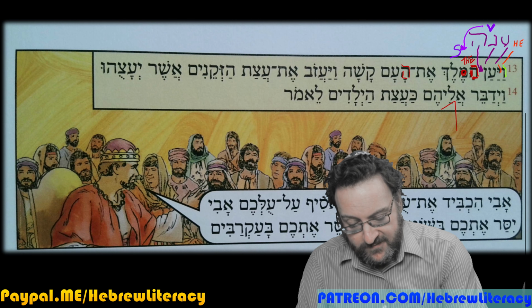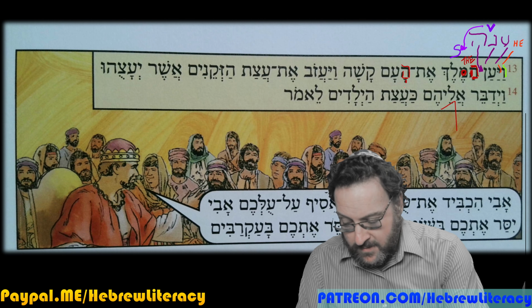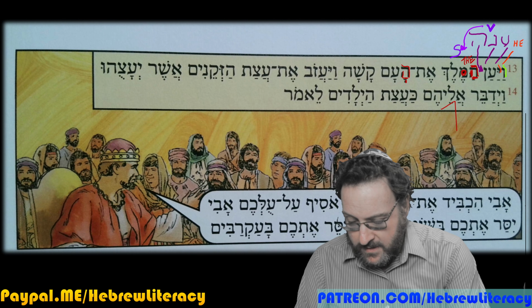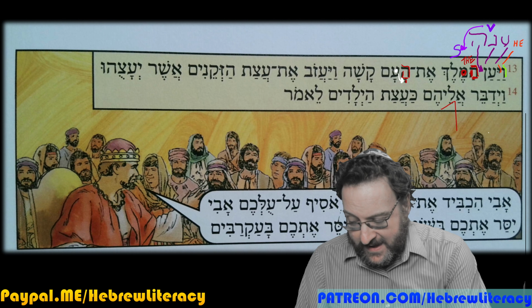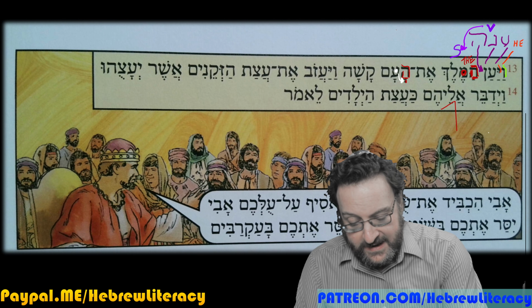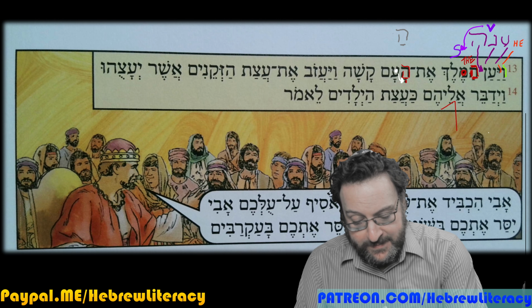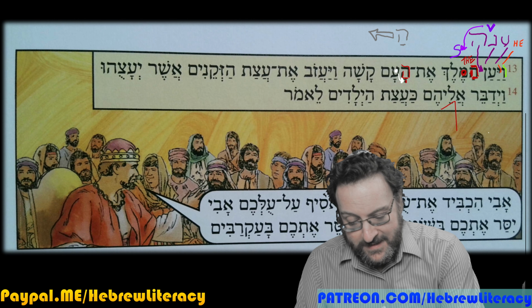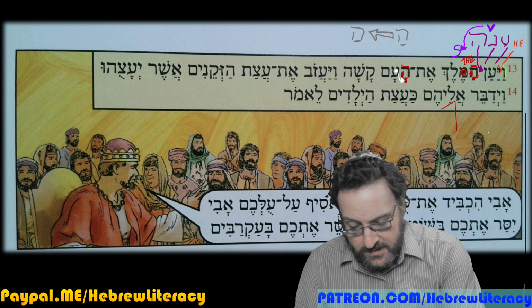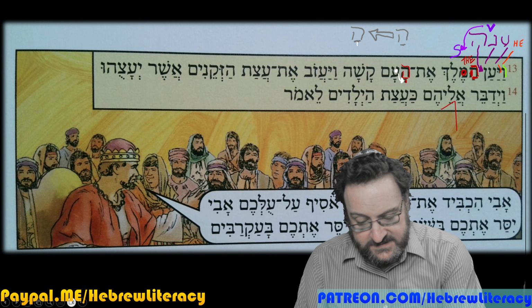And here you notice we have the longer vowel because the ayin cannot take a dagesh. So it came down here and we have compensatory lengthening. So what we have is a hey with a patach, and that became a hey with a kamets.